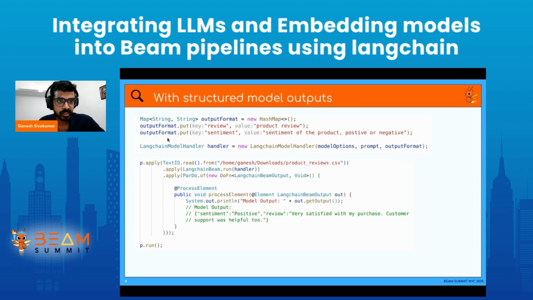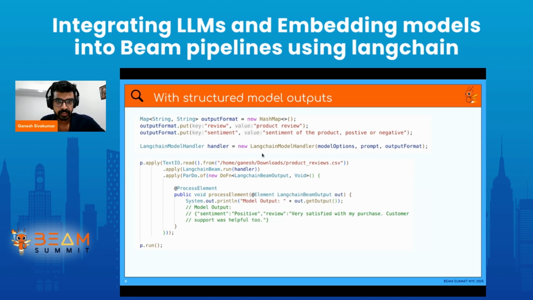To address that, you could provide the output format to describe the structure that the model should respond in. In my example, I want a JSON structure of the product's review and the sentiment of the review.